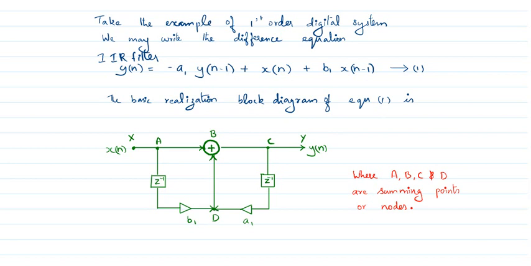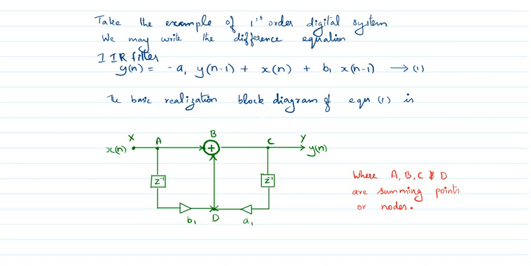Hope you understood. X of n is already given, and here there is delay with x of n. So x of n with the z raised to minus 1, we will get x of n minus 1, which is multiplied with the constant b1. So it is also added to this portion, and y of n is delayed with the z raised to minus 1. So y of n minus 1 is multiplied with the a1, that is also added. So you will get the output y of n.